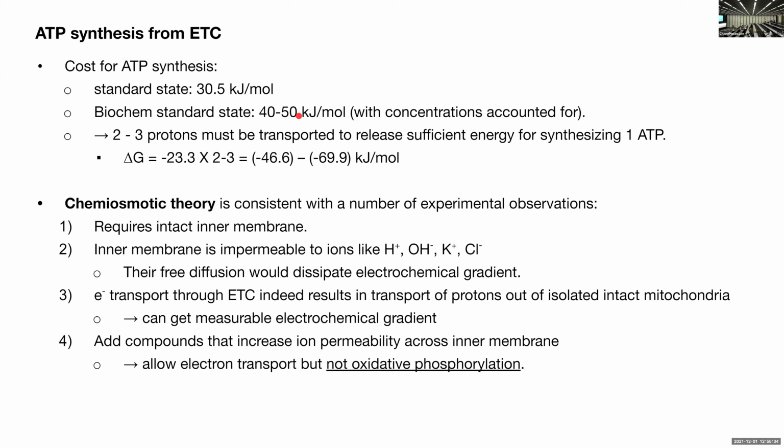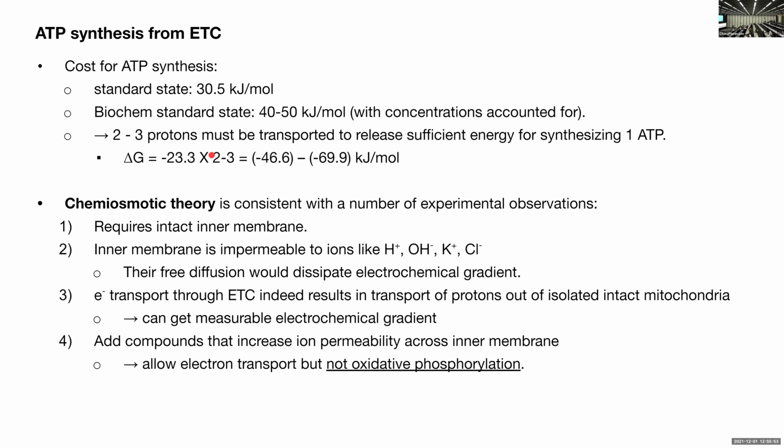And that means 2 or 3 protons must be transported across the inner membrane to get enough energy to drive ATP synthesis. So here's the 23.3 kilojoules per mole that is set up for the delta G of the proton gradient.